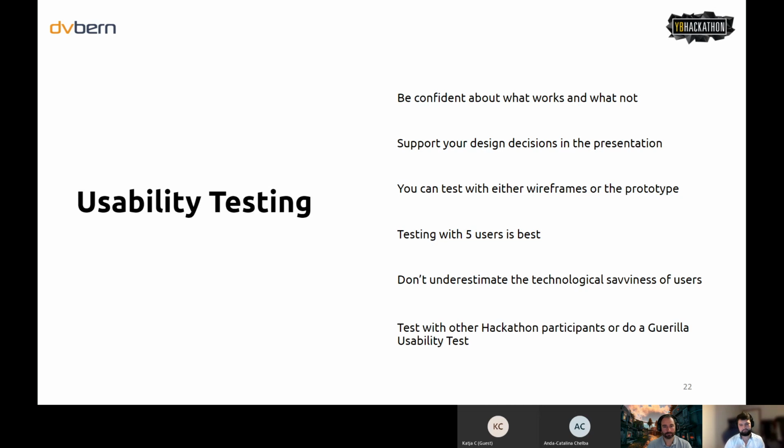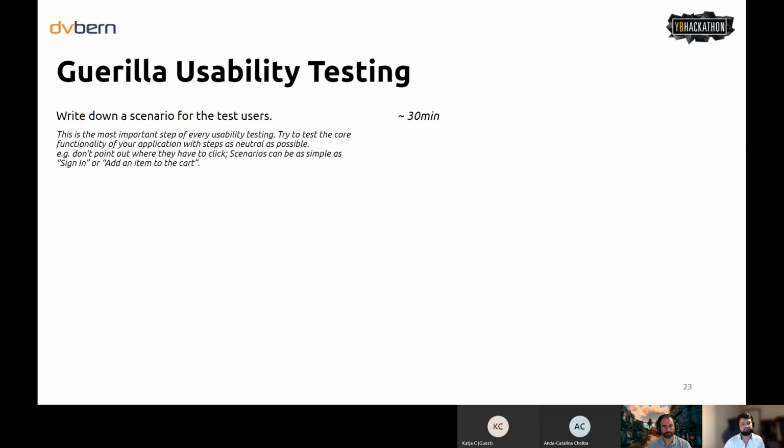And then, as I said, you can test with other participants or do a guerrilla usability test. What that exactly is, I'm going to explain now. A guerrilla usability test is a usability test you can do very quickly and get feedback very quickly.